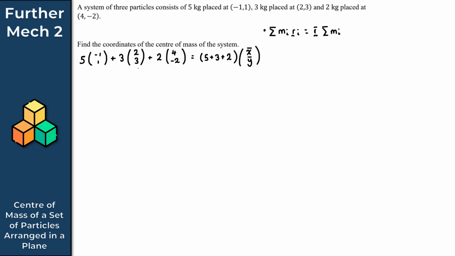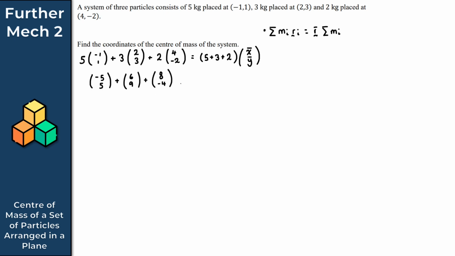Just expand by the scalars on the outside. So I get (-5, 5). I then get (6, 9). And then finally we get (8, -4).